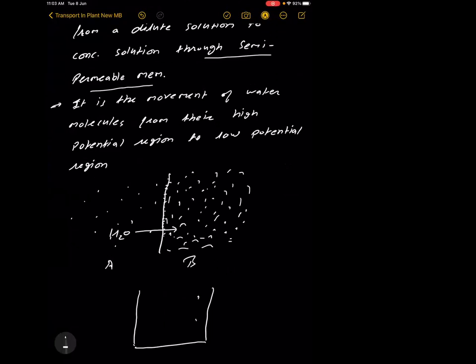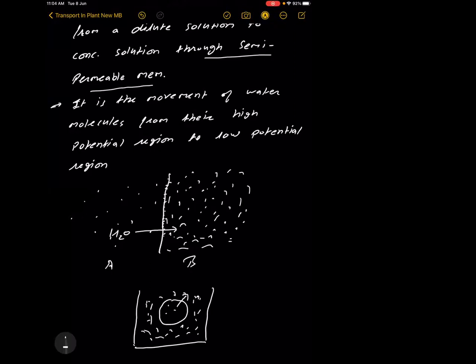Suppose one beaker is there, with hypotonic and hypertonic solutions. This outer solution is hypertonic, and inside it is hypotonic. And here the water moves out. That is called exosmosis. It means water moves towards the area where water molecules are less. Clear? If water molecules are less, from the other solution the water moves to that area, towards that cell.